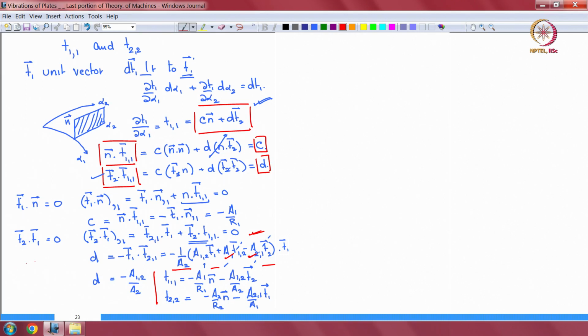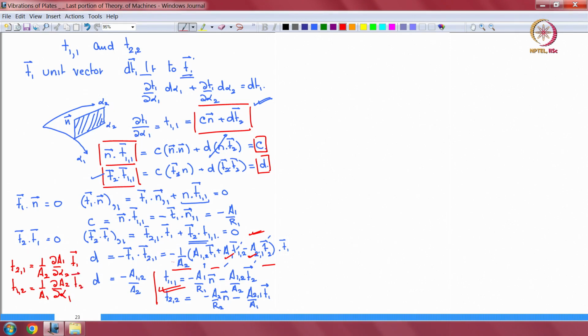So, using this, the T1,2 and T2,1 I write here: T2,1 was 1 by A2 del A1 by del alpha 2 T1 and T1,2 is equal to 1 by A1 del A2 by del alpha 1 T2.